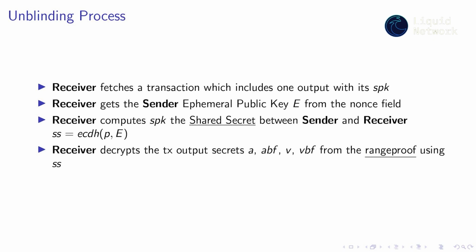The receiver will regenerate the shared secret, which was used to encrypt the data, and then decrypt the information that is needed to understand what they just got, and of course it's necessary to spend.